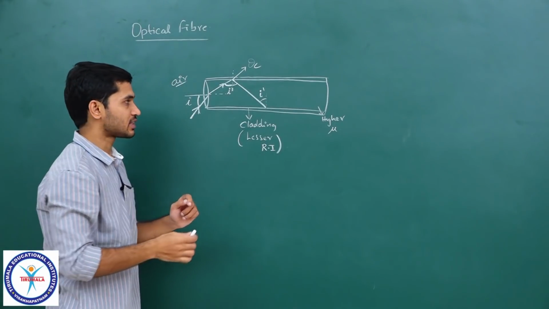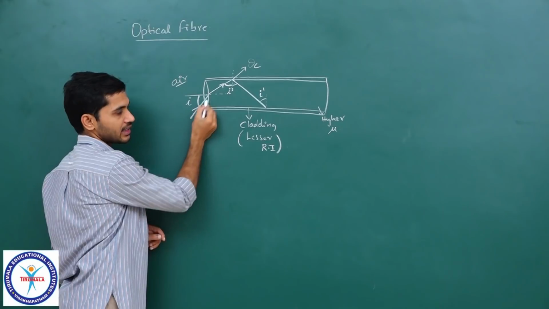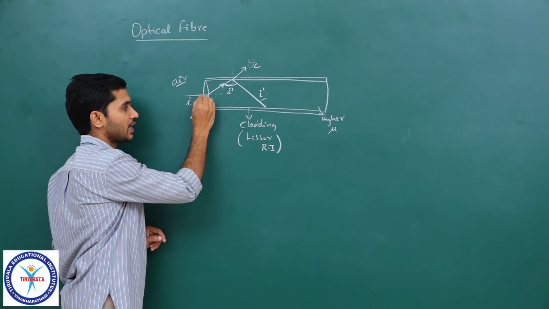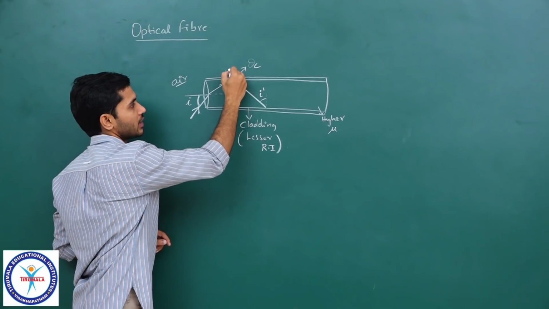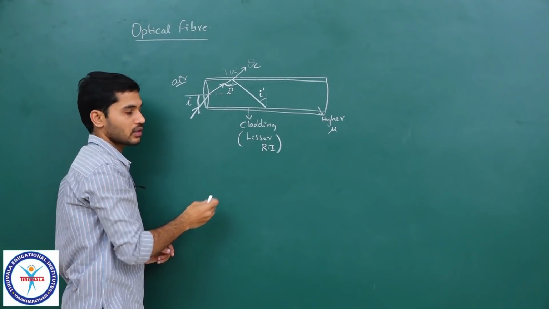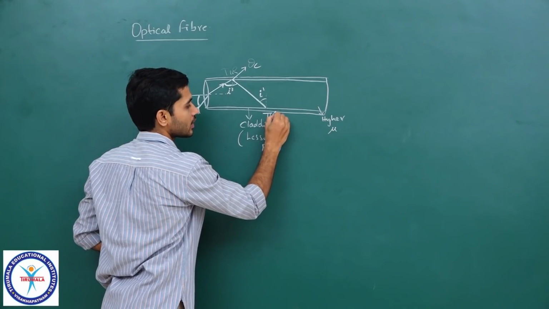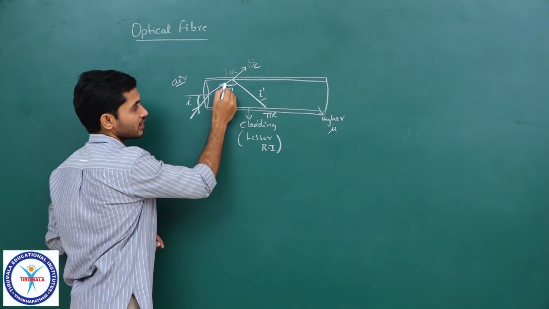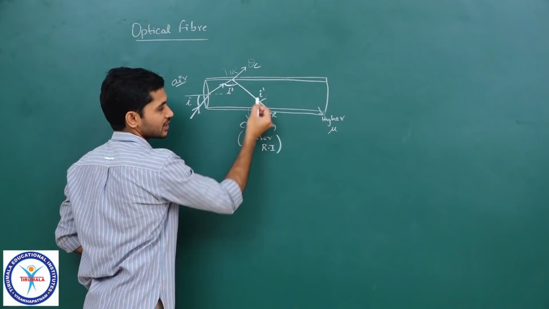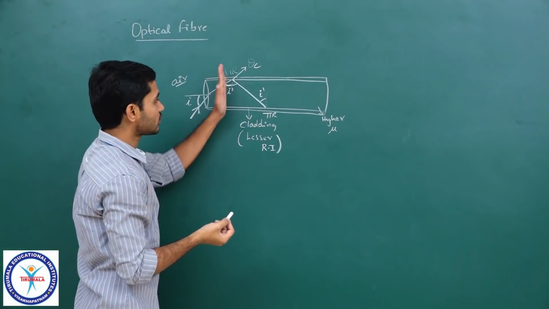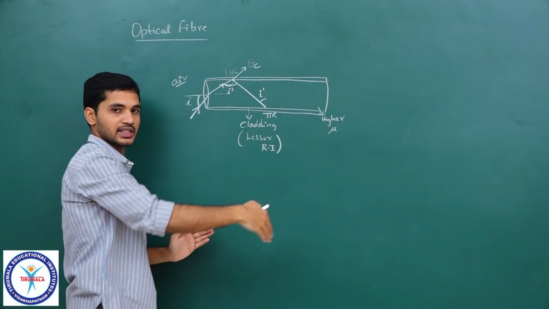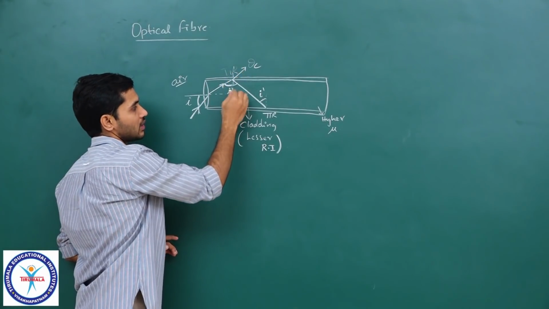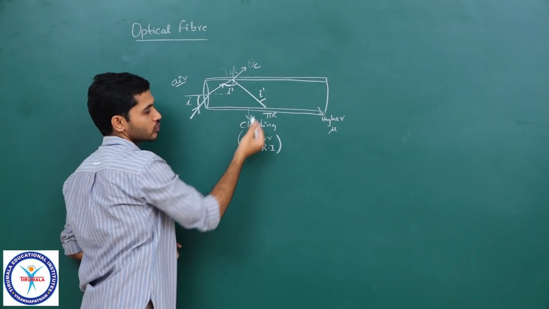Because this is vertical, and this light ray is just cutting them, whatever is the incidence here, same is the incidence there, correct.